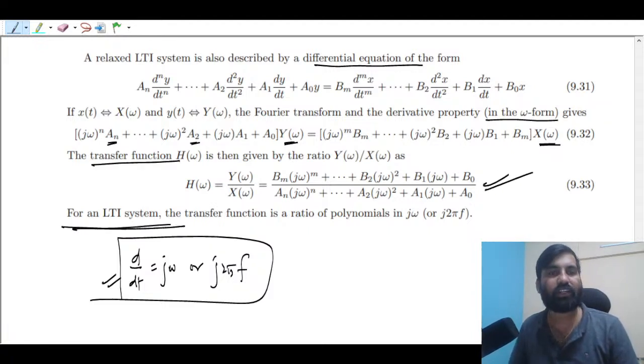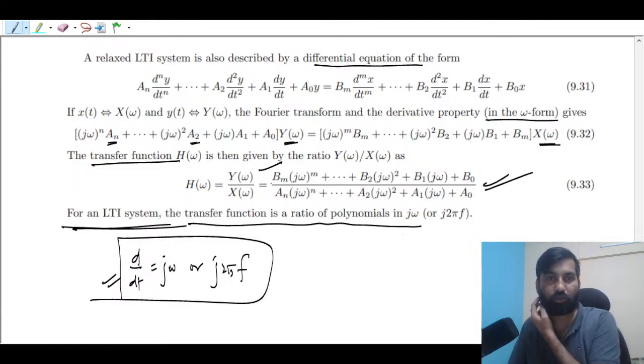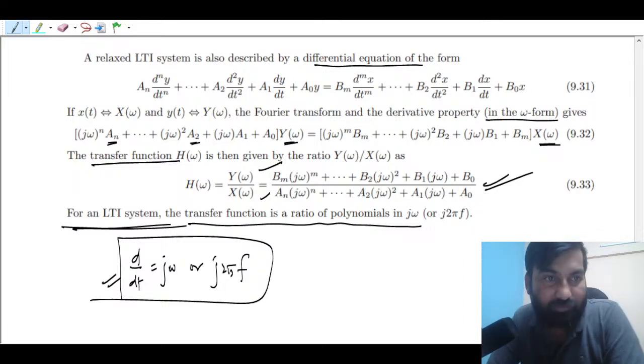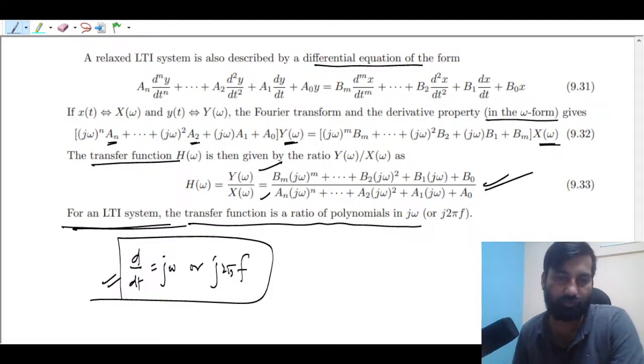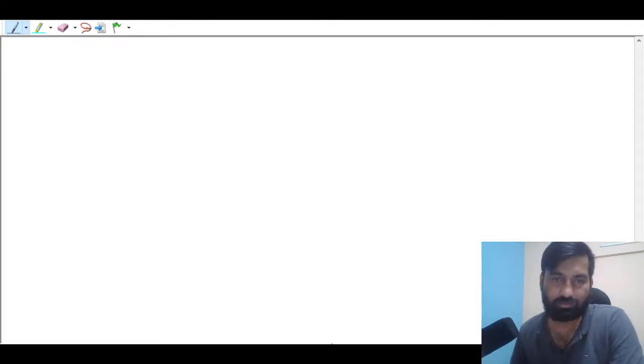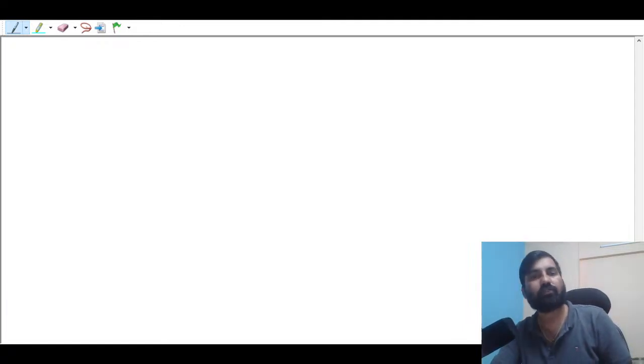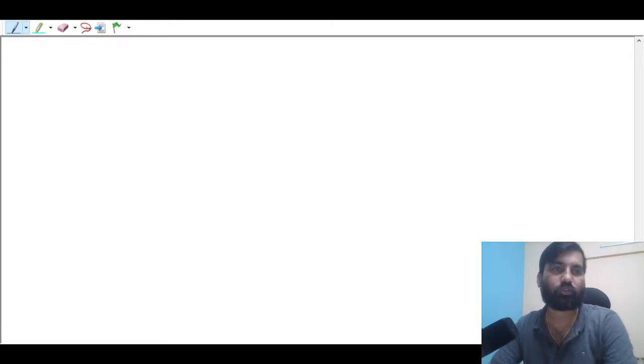For an LTI system, the transfer function is the ratio of polynomials. So this is nothing but a polynomial now. You have converted the differential equation into polynomials. I think this is clear. So there are three representations of a relaxed LTI system.